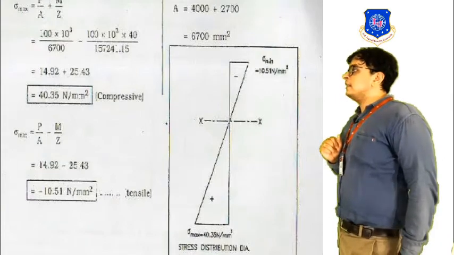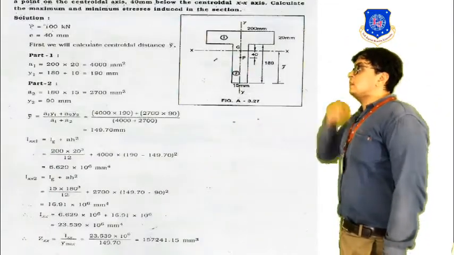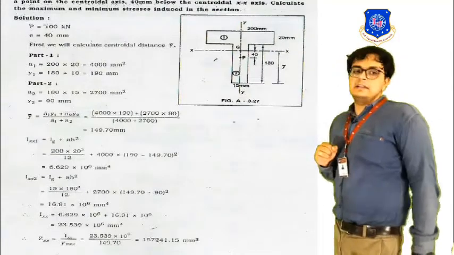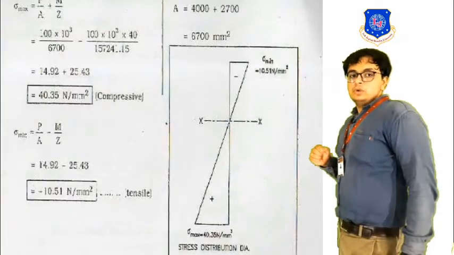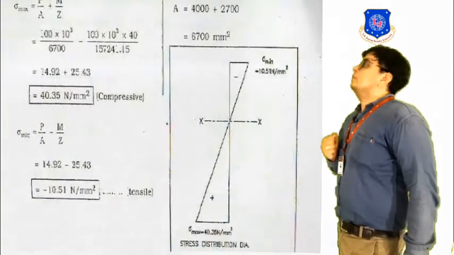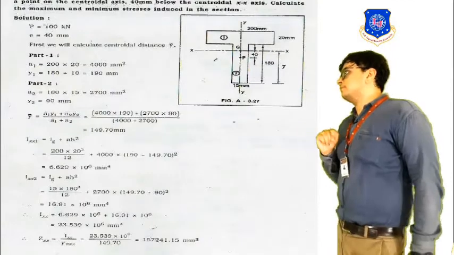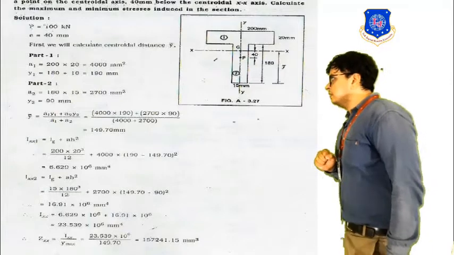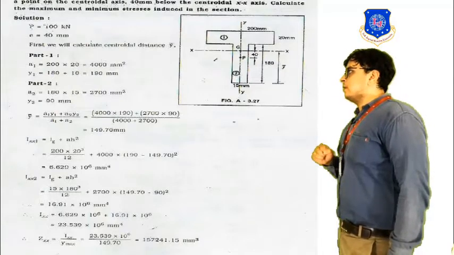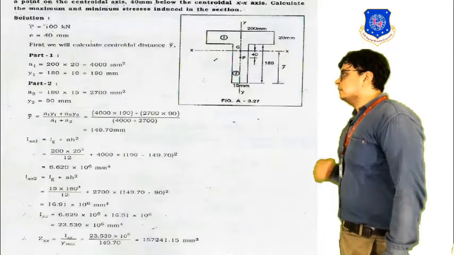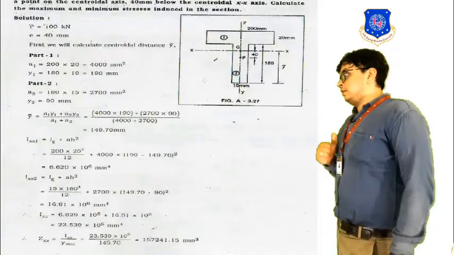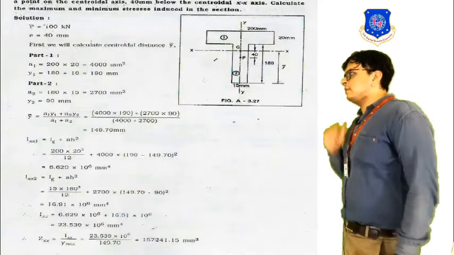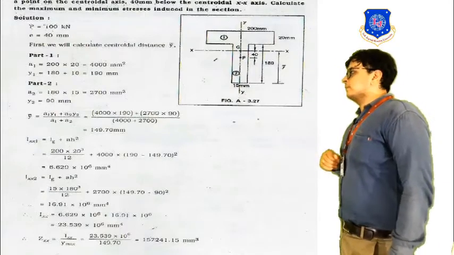Here our P that is given is 100 kilonewton, and our area here will be equal to 6700. How? Let's see. We have these two members. The area of member number 1 is 4000 millimeter square, and the area of member 2 is 2700 millimeter square. So ultimately the total area will be the summation of both areas, that is A1 plus A2.